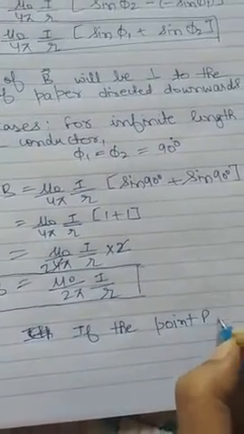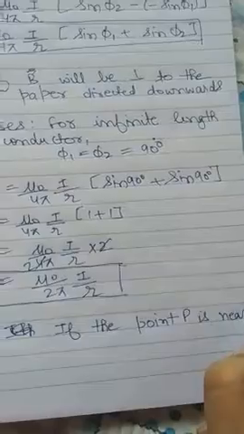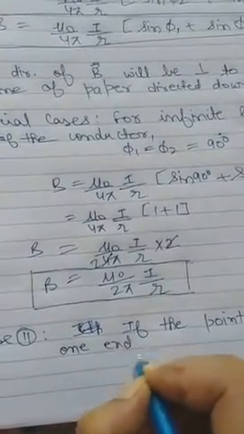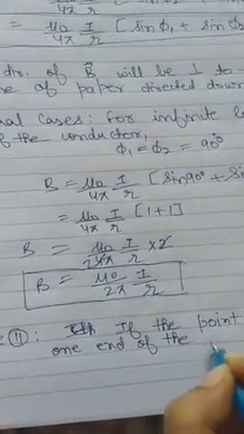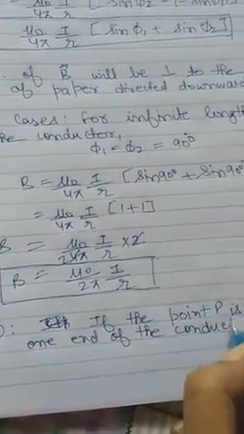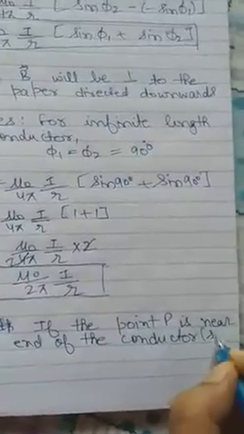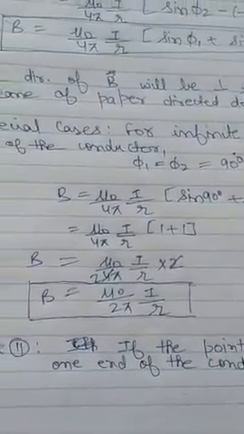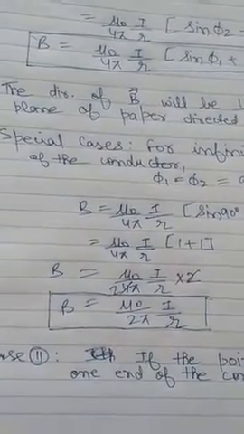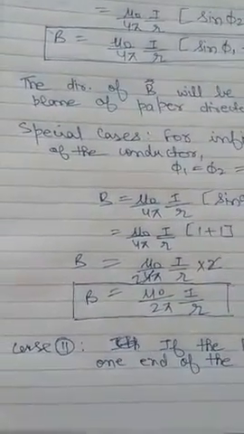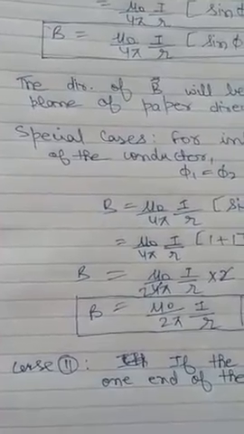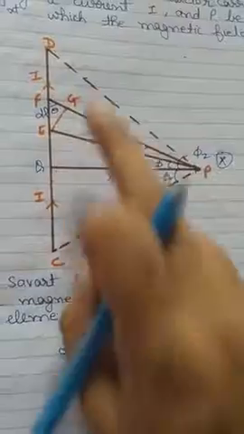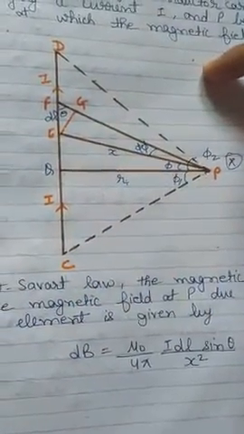So in that case, if the point P is near one end of the conductor, and in this case say I am taking it as near D. So in this case the value of phi 1 will become equal to 90 degree and phi 2 will become equal to 0 degree if the point is near D, this point.